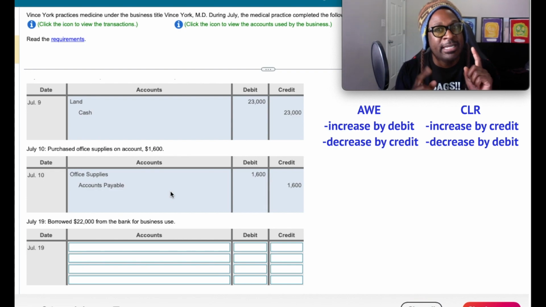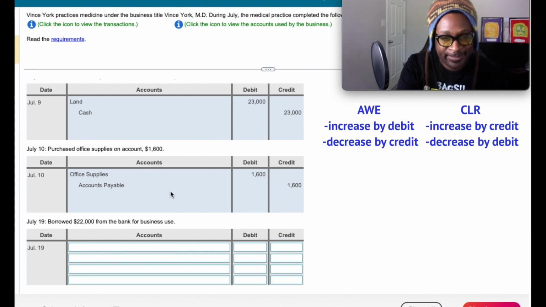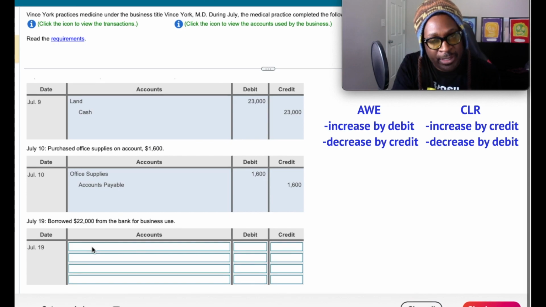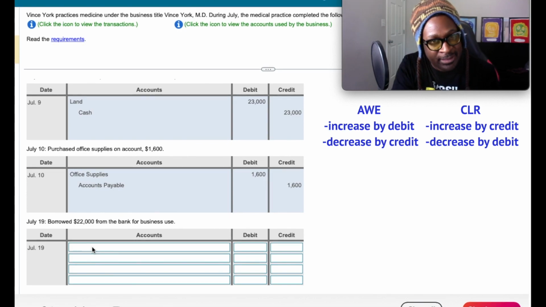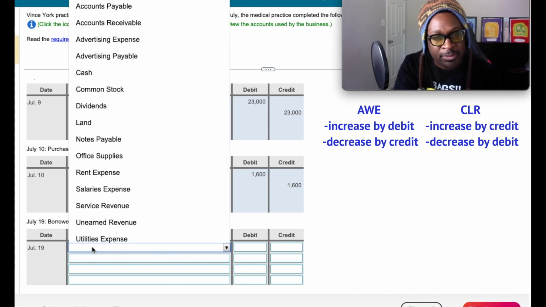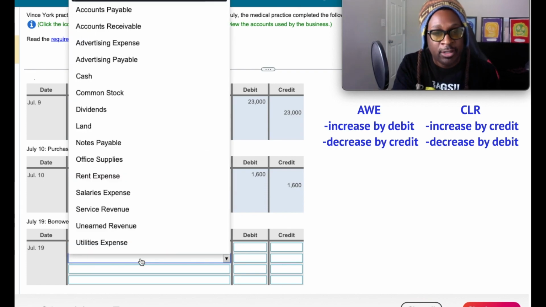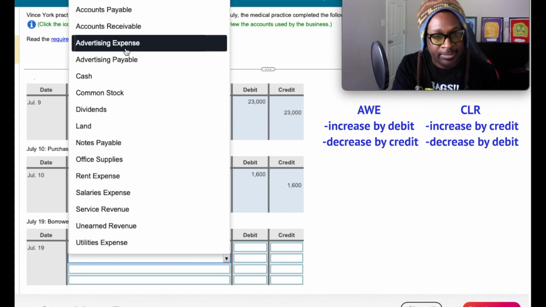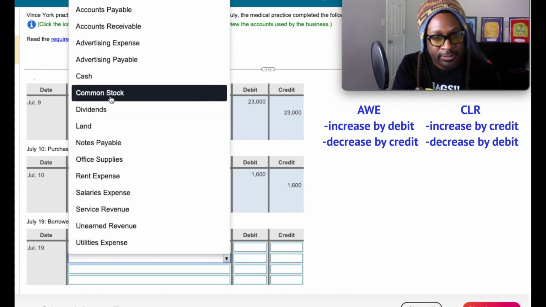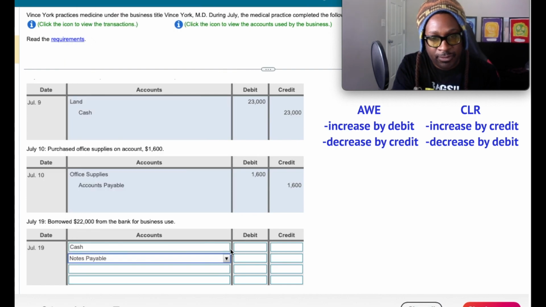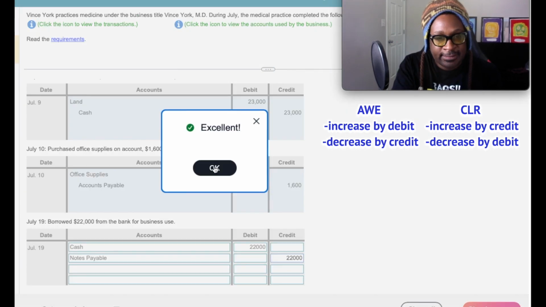Note payable means that it's long-term and it will include some type of interest. Note payable, last name payable, making it a liability, which means it's a part of the clear gain. It is going up, so we have to credit note payable while at the same time increasing our asset, which is a part of the all gain, with a debit. So we're going to debit cash, credit note payable for the $22,000. Check our answer. Excellent, gang.